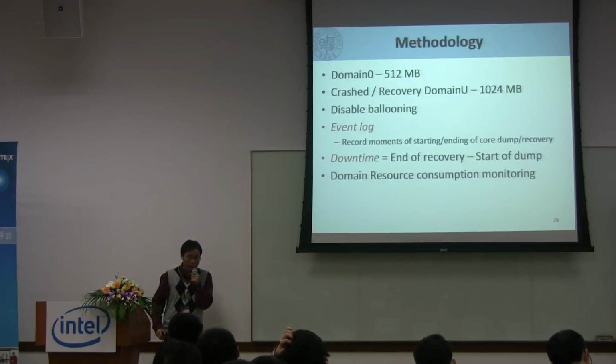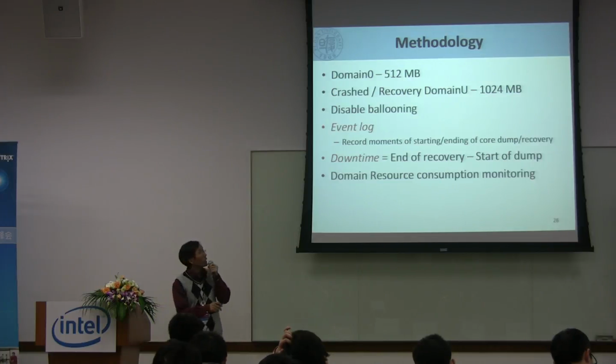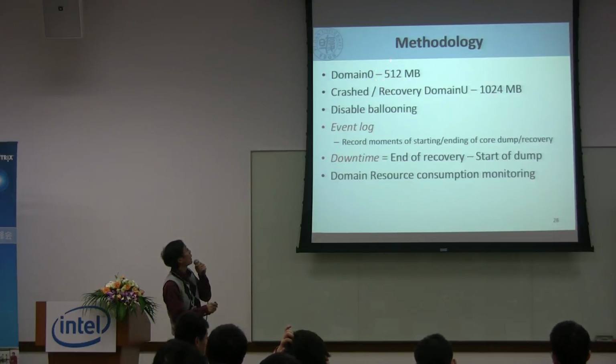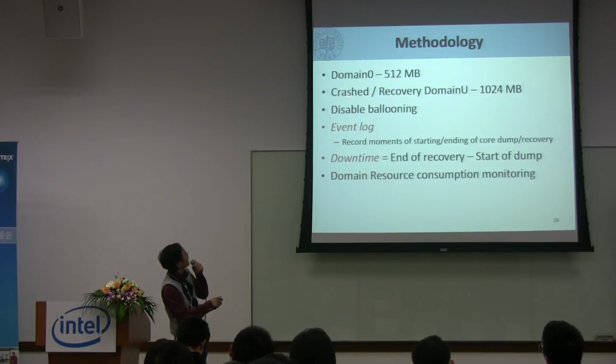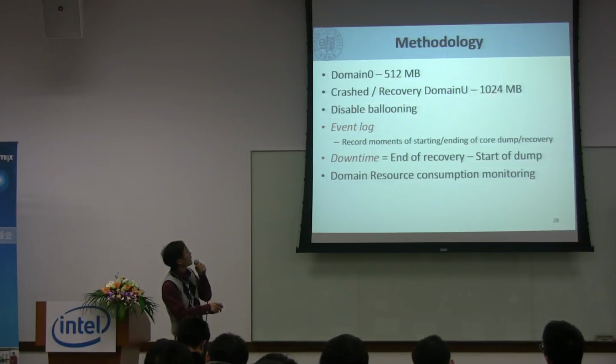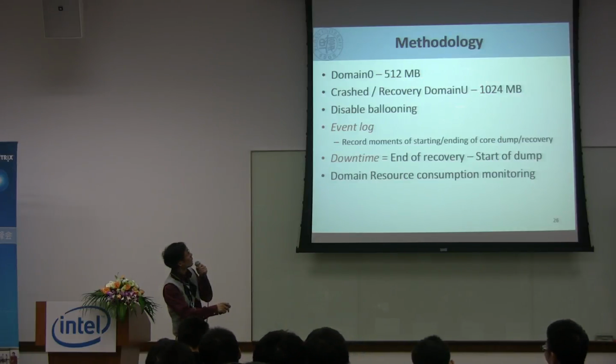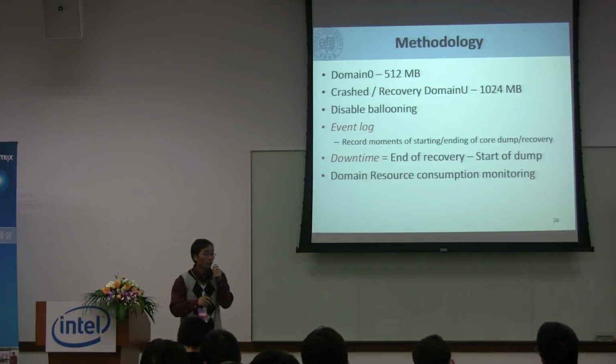For the memory allocations among the domains, we allocate 512 megabytes of memory to domain 0. As we only have 2 GB memory, we allocate 1 GB memory to the production VM. If we did not want the crashed VM to relinquish its memory, we could not start another machine.